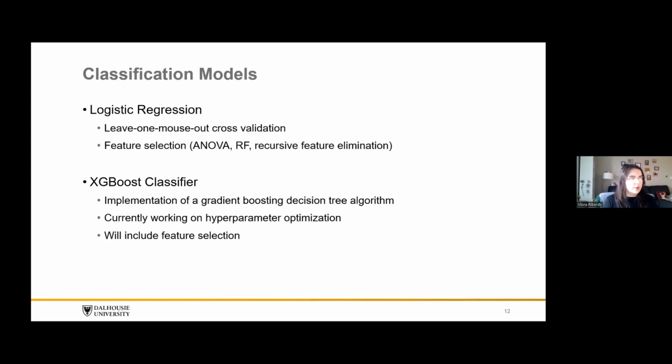So something else that I'm looking at is what's called an XGBoost classifier. This is a model that has performed very well in Kaggle competitions. It's an implementation of a gradient boosting decision tree algorithm. I'm currently working on hyperparameter optimization for this model, and then further including feature selection to improve training time and improve accuracy.